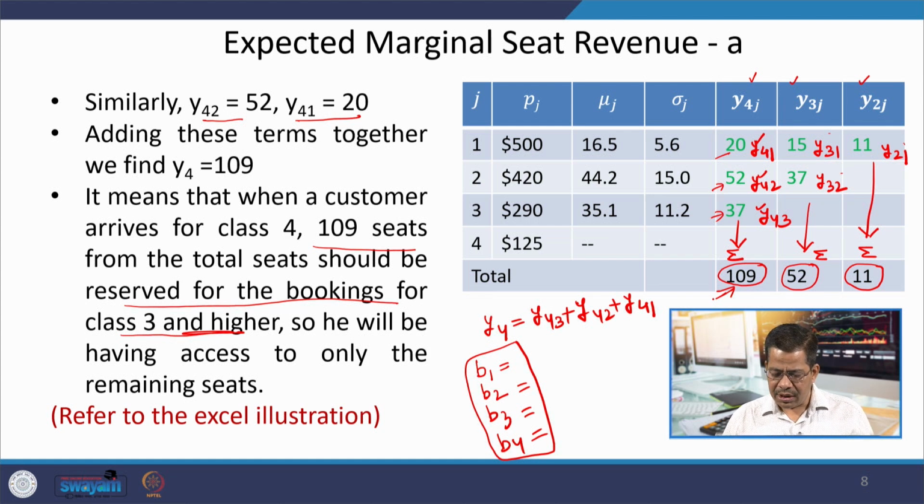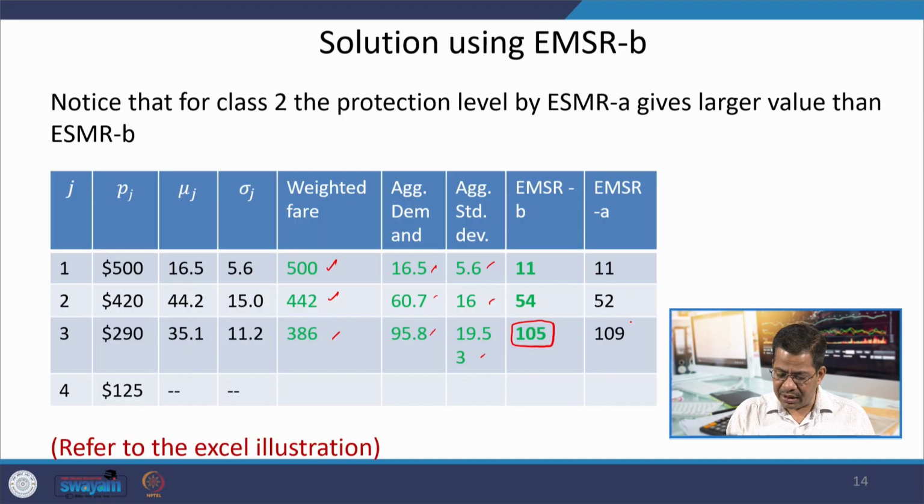So, in just one single normal inverse function we got 105, and it was 109 in the case of EMSR A. Similarly, for class 2 it was 52 and 54 here, and for class 1 in both methods it comes to 11 and 11.